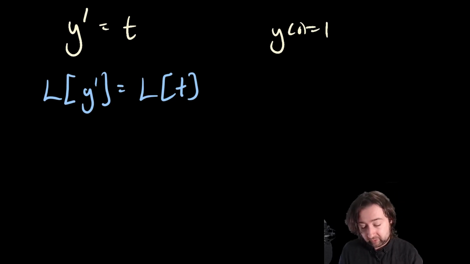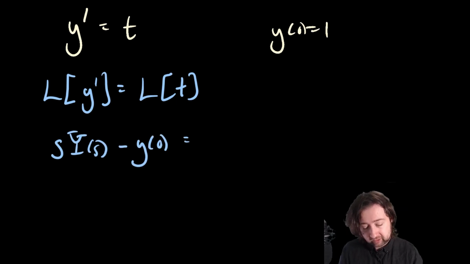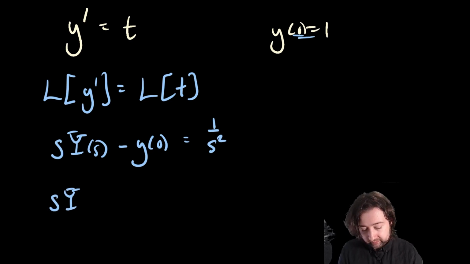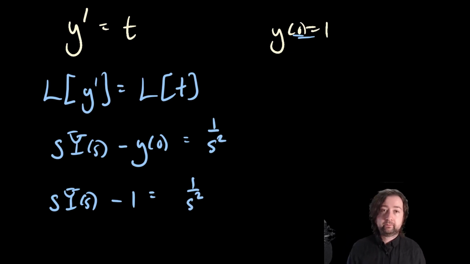The Laplace transform of y prime is s times capital Y of s minus y of 0. And the Laplace transform of t, I can read off the table. That's equal to 1 over s squared. Now I also know y of 0 because it was given to me. So this equation is actually s Y of s minus 1 is equal to 1 over s squared.